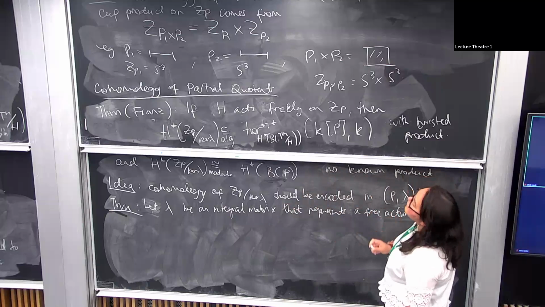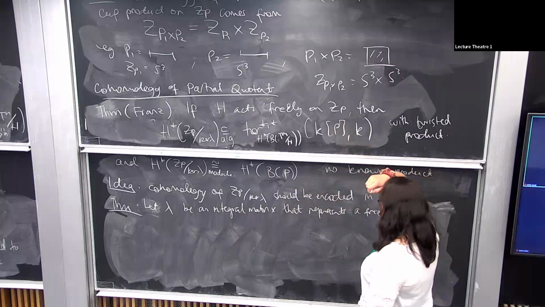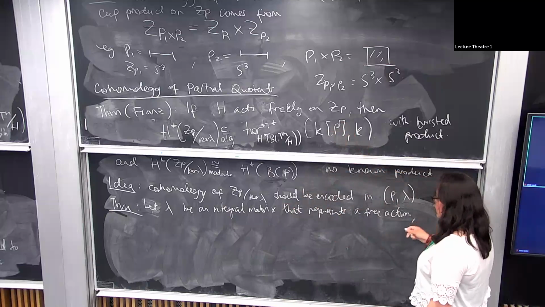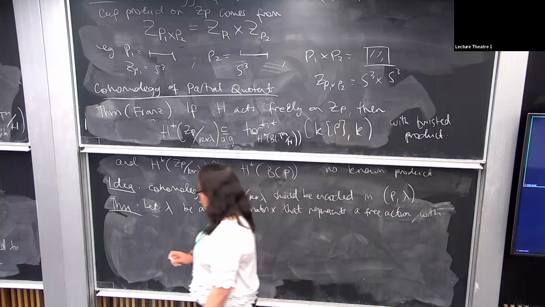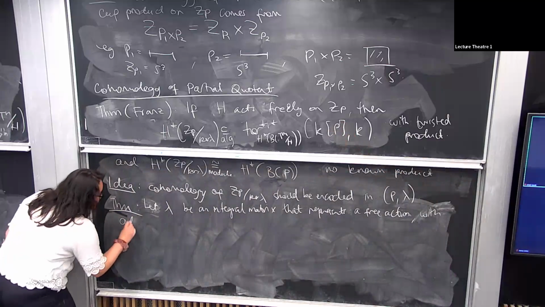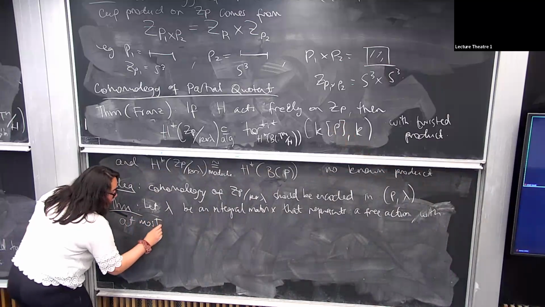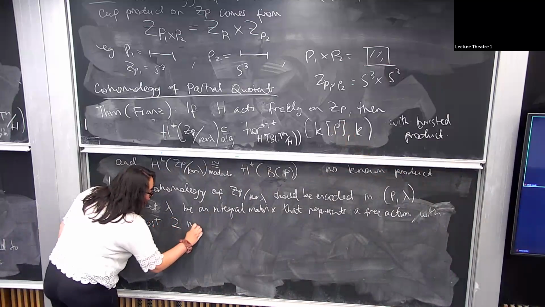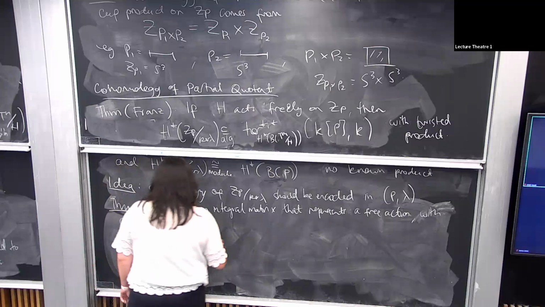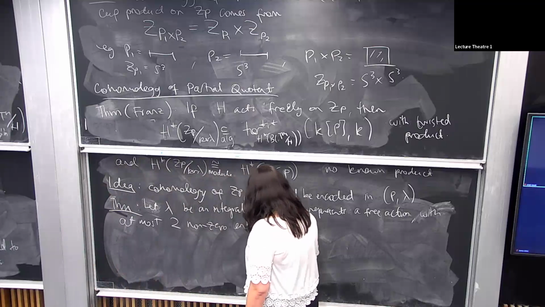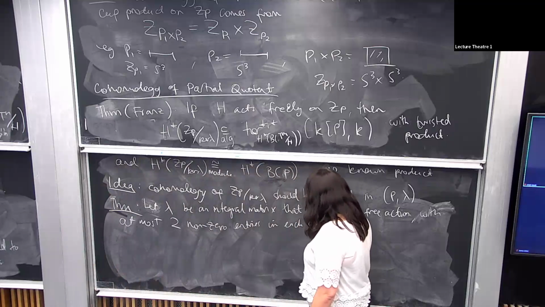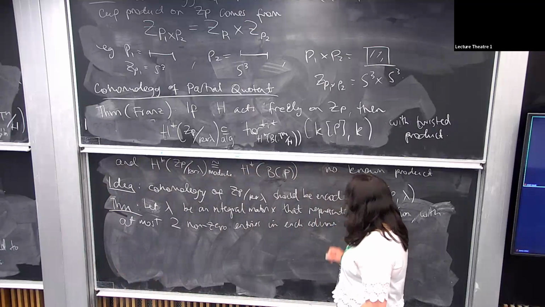So just the same condition as the previous one, but also we want to say with at most two non-zero entries in each column.